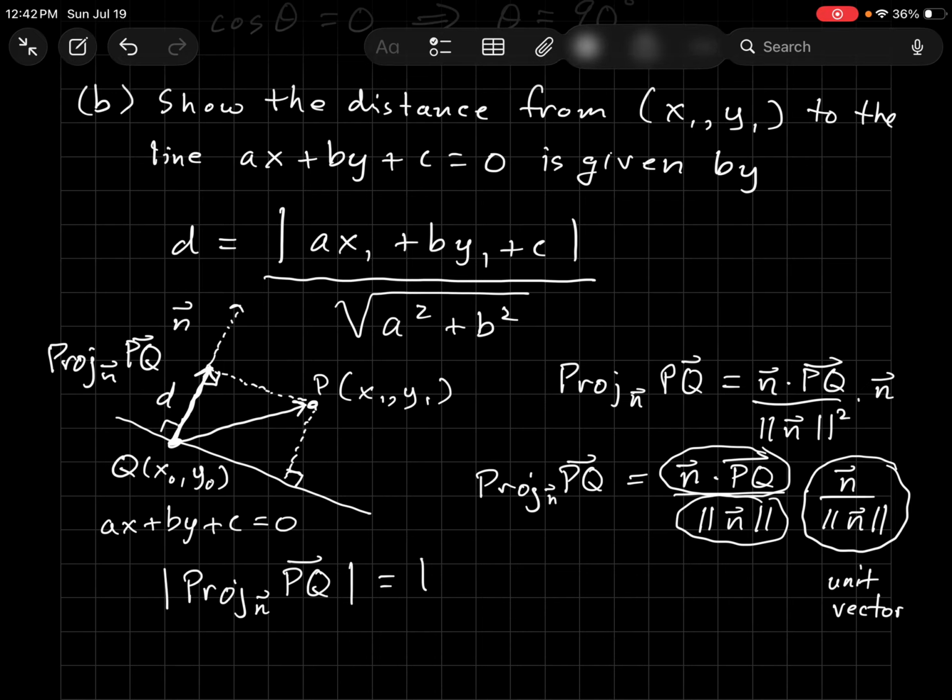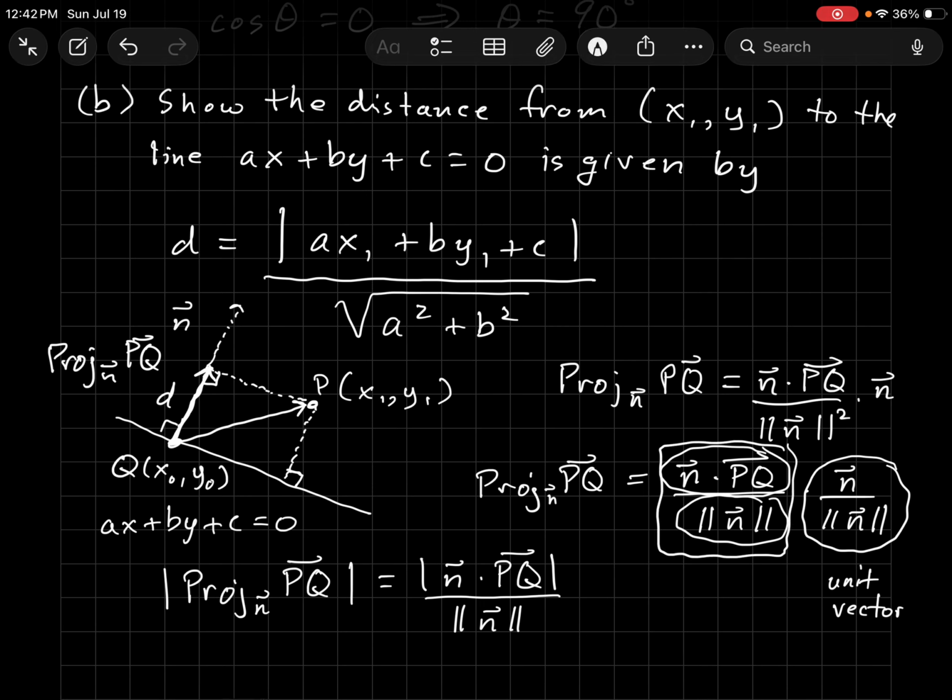So I can take the absolute value of n dot pq over the magnitude of n, which is already positive. And once again, I only need to find the magnitude of this left part because the magnitude of this right part is 1.